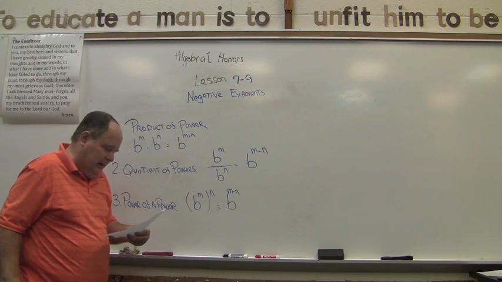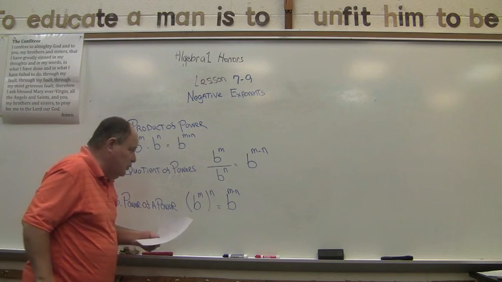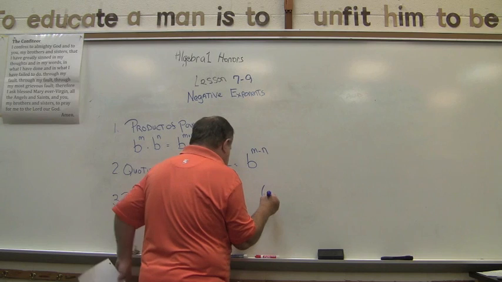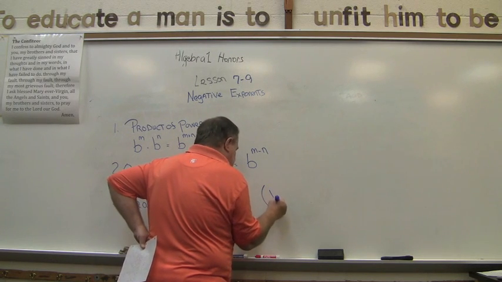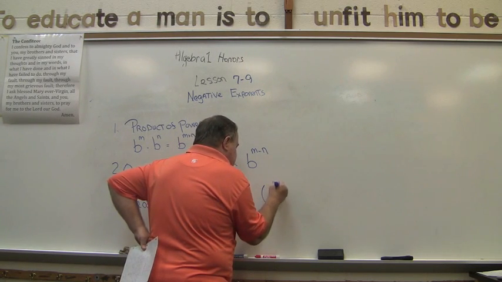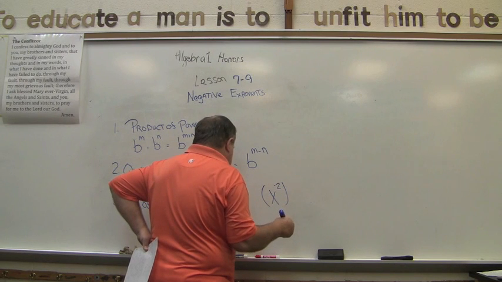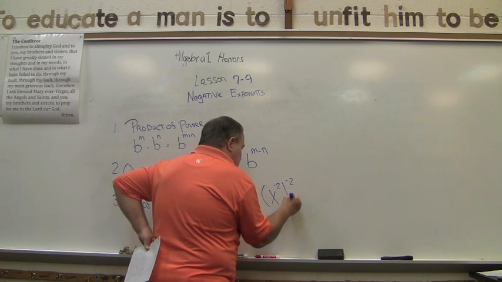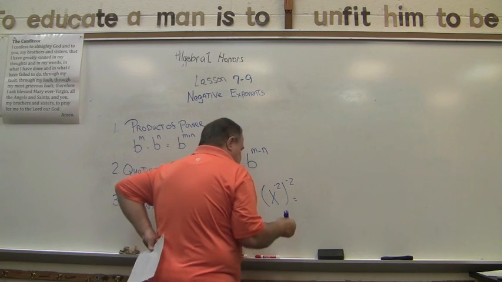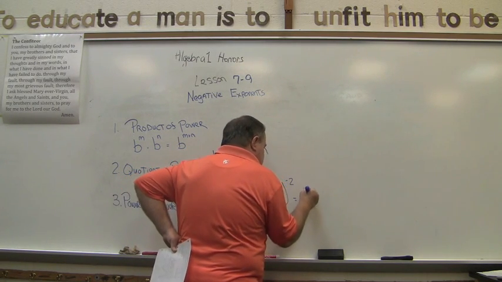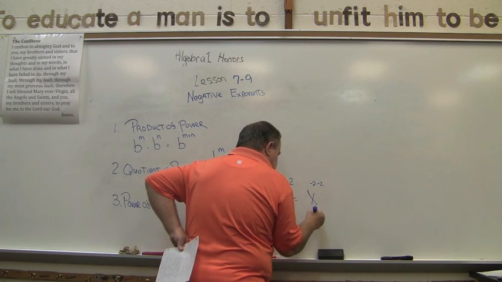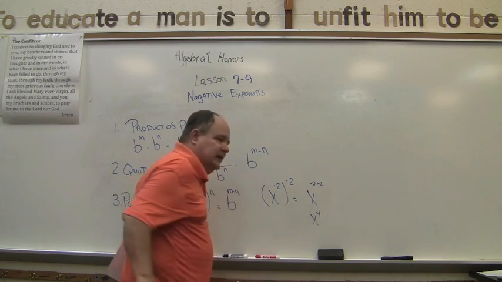They call that power of a power. Okay, so if I had something like this, okay, inside I have x to the minus 2 power, and I had minus 2 on the outside here. To solve this problem, I would say, okay, well, it's going to be x to the negative 2 times negative 2, or x to the 4th power. Okay, that's the power rule.